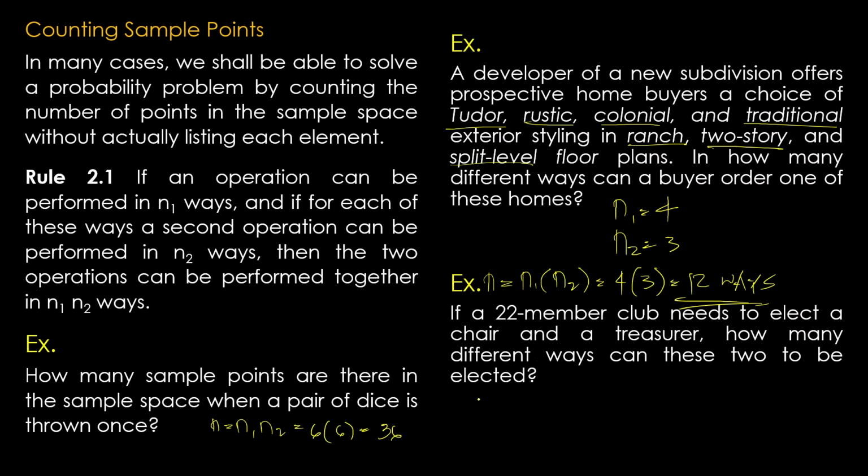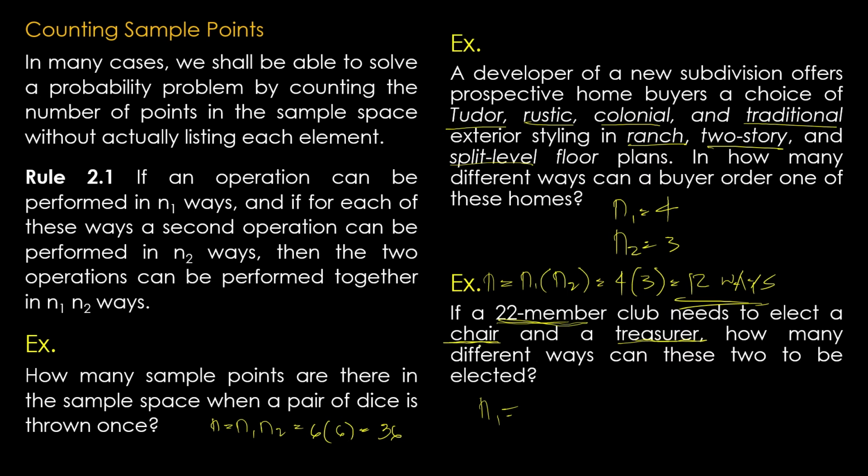So, you have your total sample points as n, and your n1 is equal to... Okay, so you are to choose a club chair, kumbaga, president, and a club treasurer from a 22-member club. You are to choose two from a 22-member club. In how many different ways can you do that?